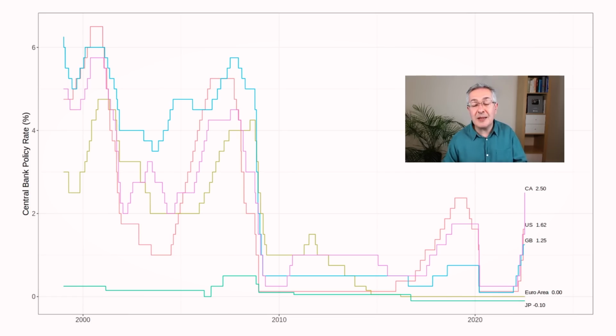So because the US has been growing more strongly coming out of the pandemic, it's been able to raise interest rates more aggressively with less fear of crashing its economy than, say, the UK or Europe. And in turn, that's meant that interest rates in the US have been higher than elsewhere, and that's strengthened the dollar.